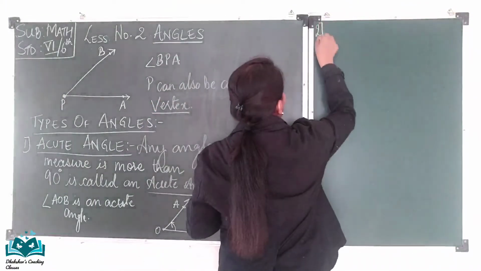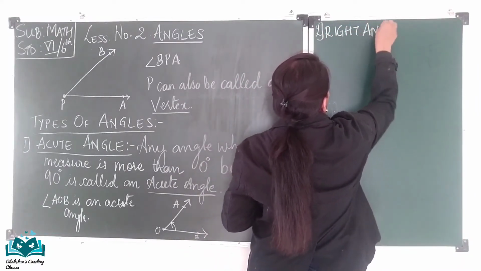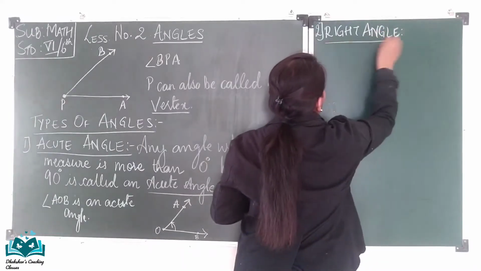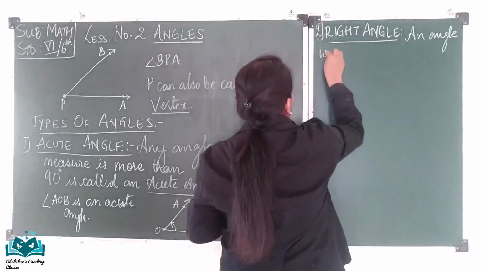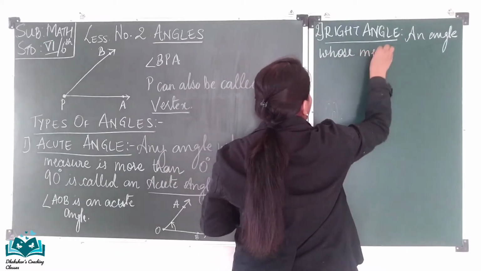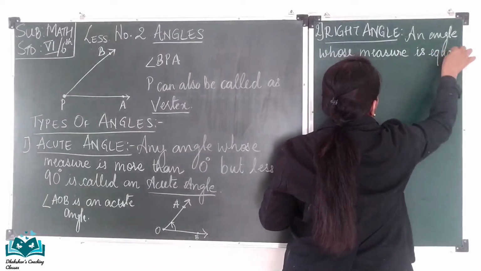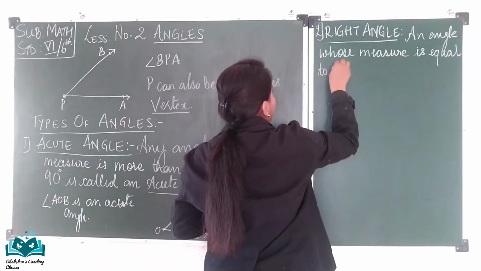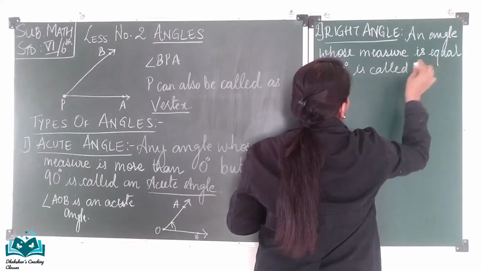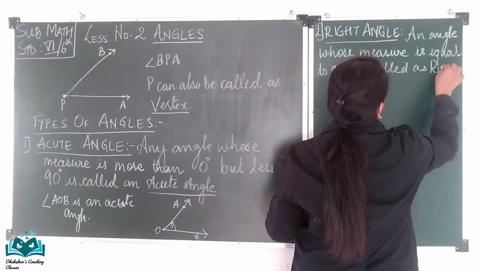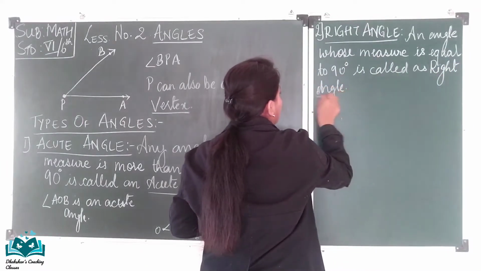The second type of angle, right angle: an angle whose measure is equal to 90 degree is called a right angle.